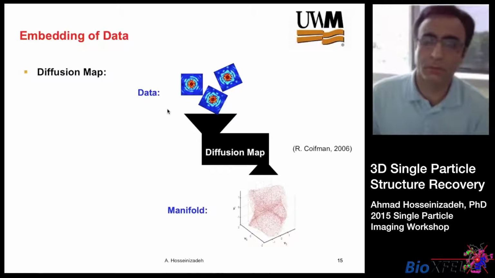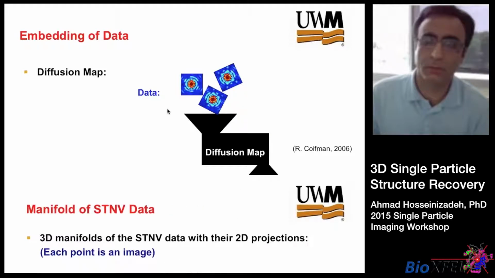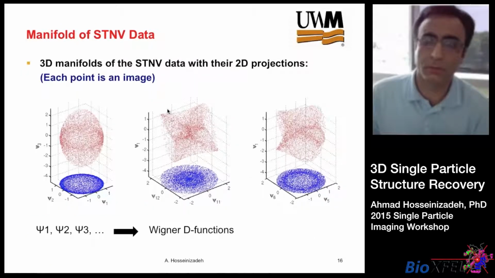So we just project them onto different combinations of psi i, psi j, psi k, as shown here. But in fact, 3 dimensions are useless for us. We work with 2D scatter plots, 2D projections. And in fact, psi 1, psi 2, psi 3, as Peter mentioned, are Wigner D functions.